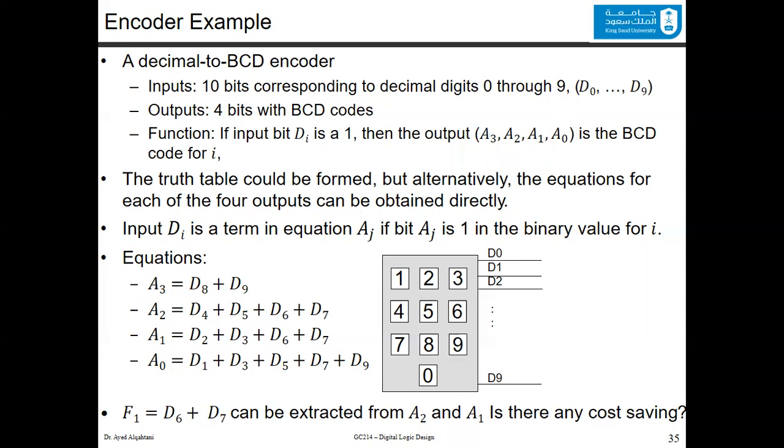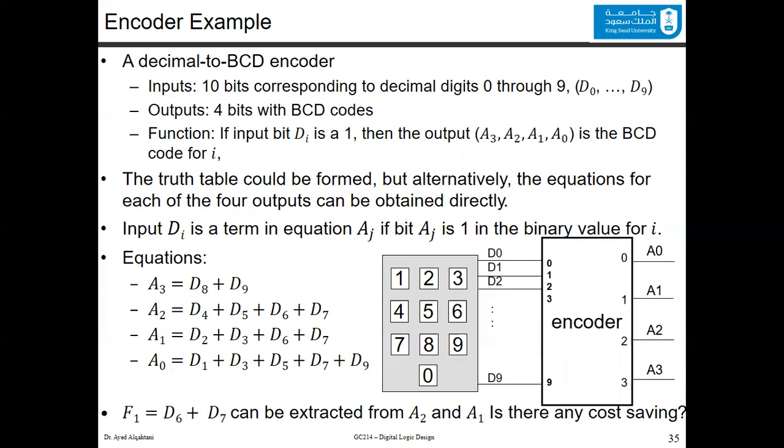Now, to get the block diagram for this encoder example, you simply use an encoder. The encoder will receive the Ds from D0 to D9, and it will generate a 4-bit binary code for you. This is actually the definition of the encoder. Notice that this encoder will be 16 to 4, but we are using only 0 to 9, since the other codes are not included in BCD.